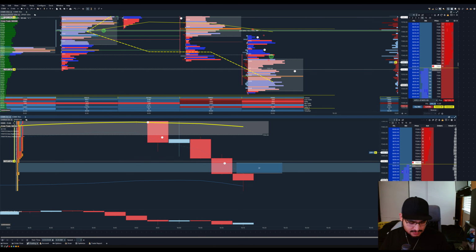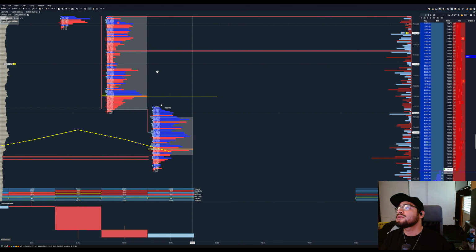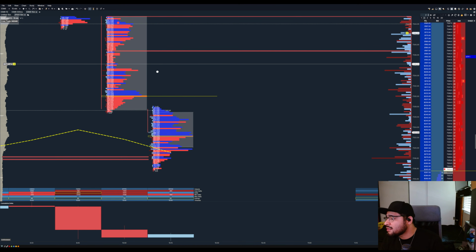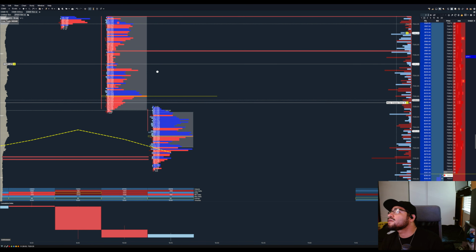If I show you this 15-minute candle here, it's kind of like a balanced profile as well. 73.27. If I make my stop there, it's pretty close to hitting it, but I'll do it.